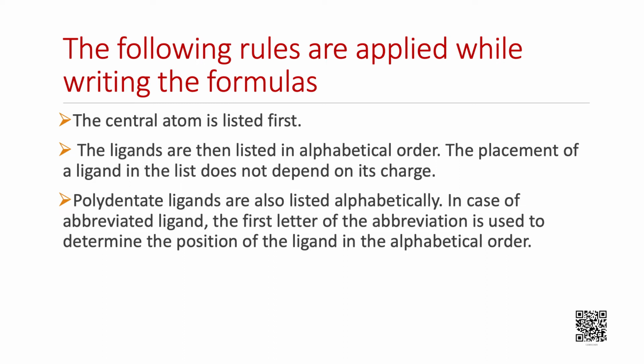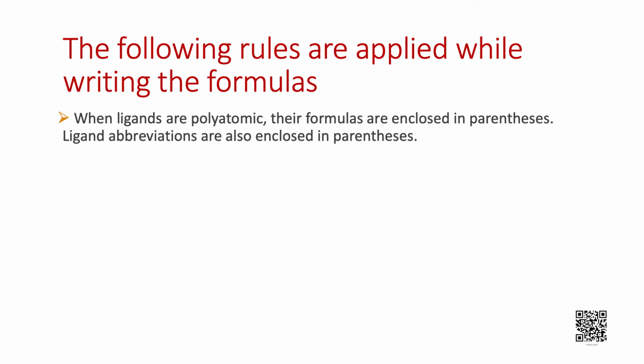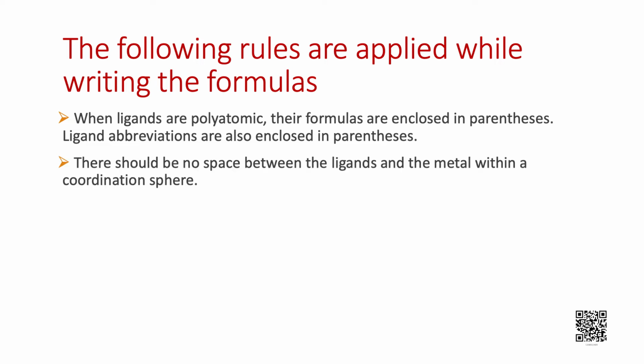in the alphabetical order. The formula for the entire coordination entity, whether charged or not, is enclosed in square brackets. When ligands are polyatomic, their formulas are enclosed in parentheses. Ligand abbreviations are also enclosed in parentheses, and there should be no space between the ligands and the metal within a coordination sphere.